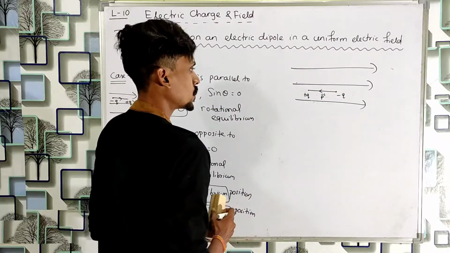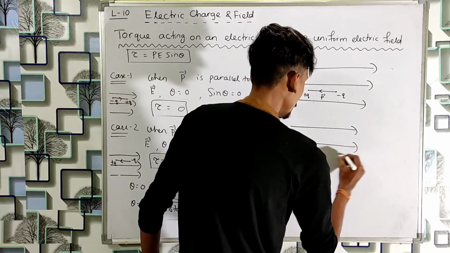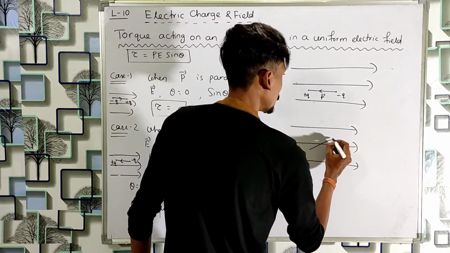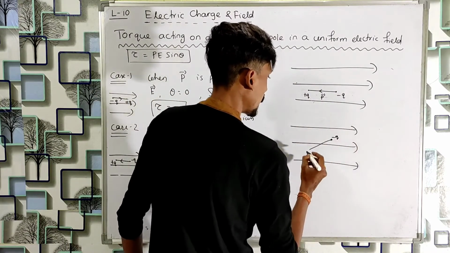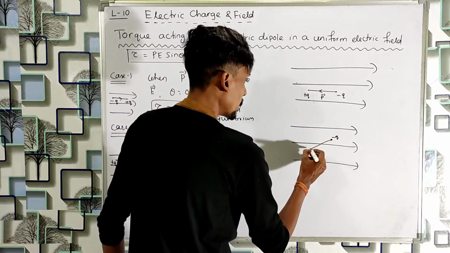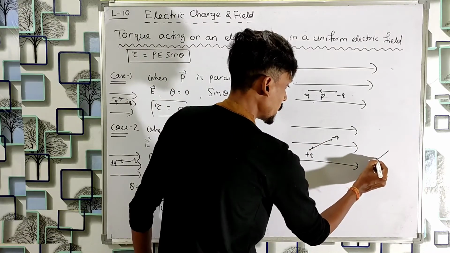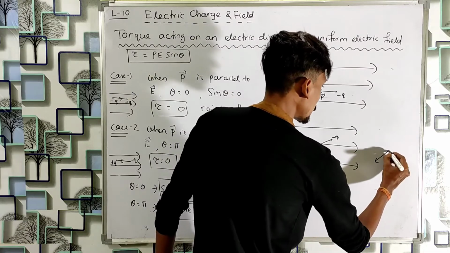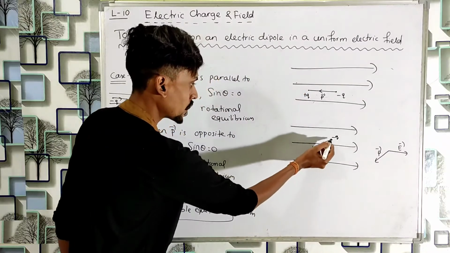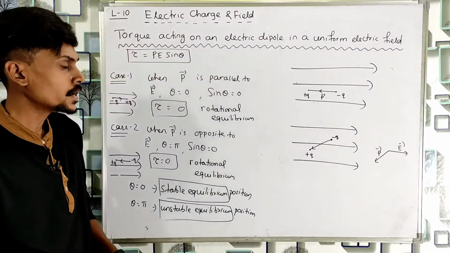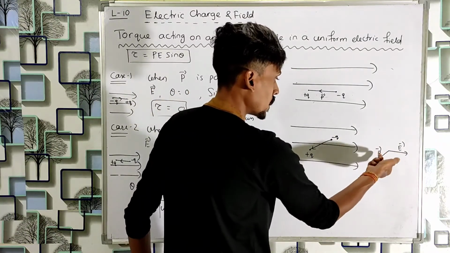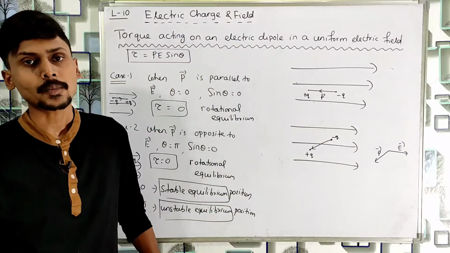Now if I slightly disturb the position of the dipole, suppose I rotate it in the anti-clockwise direction like this, then minus q will be along this direction, plus q will be along this direction, and here p vector is along this direction and e vector is along this direction. Here you can see that the torque will be outward, because p cross e will be anti-clockwise, the torque will be outward.